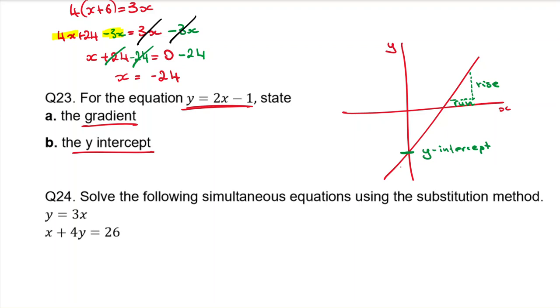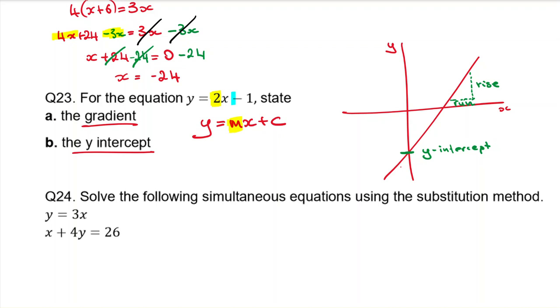So the general formula for a straight line graph is y equals mx plus c. In our case, we just need to match from our equation what the m is, which stands for gradient. So m is gradient. So our gradient is 2, and our y-intercept, what did I tell you? It's mx plus c.